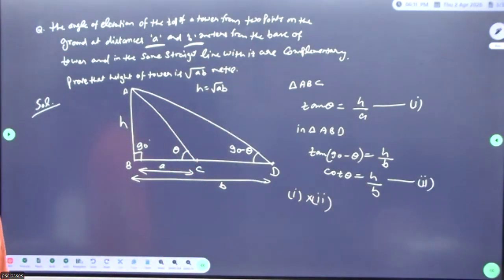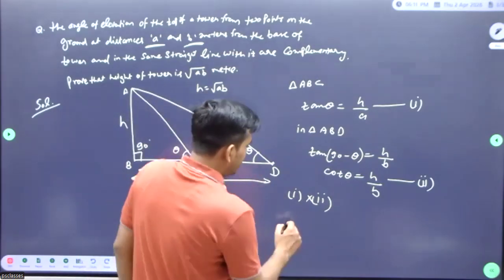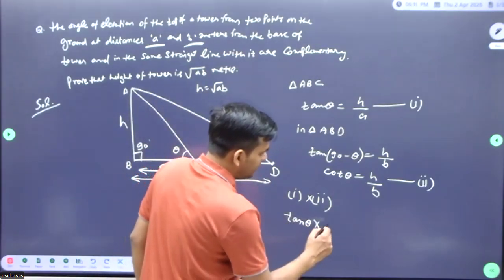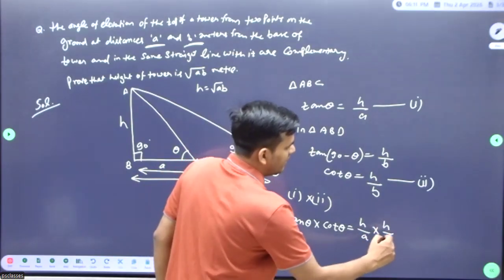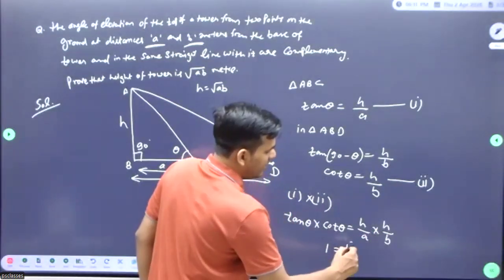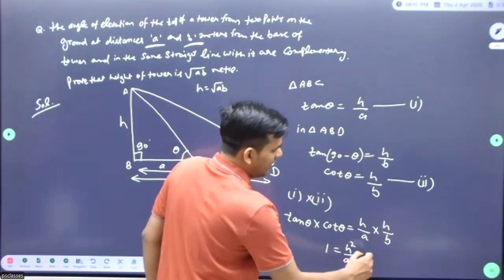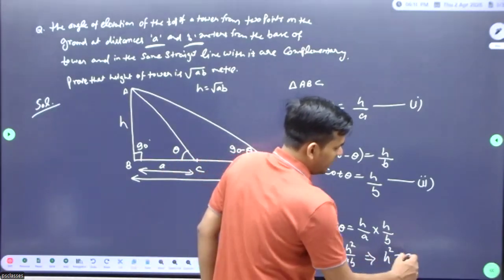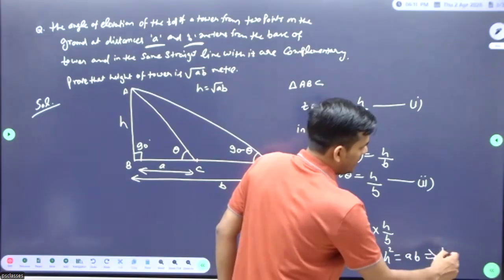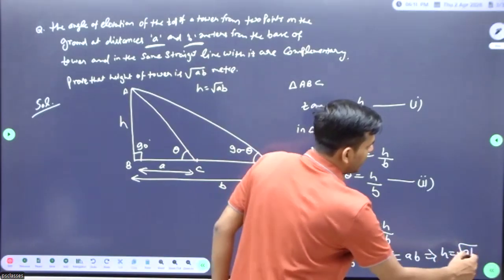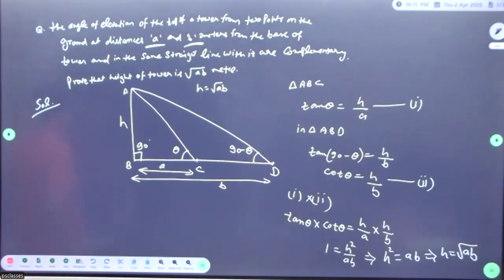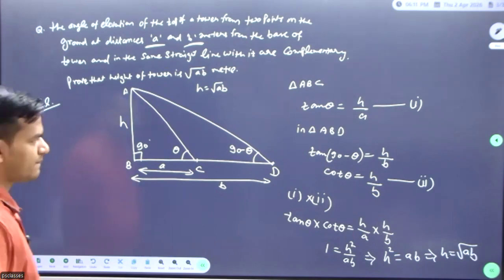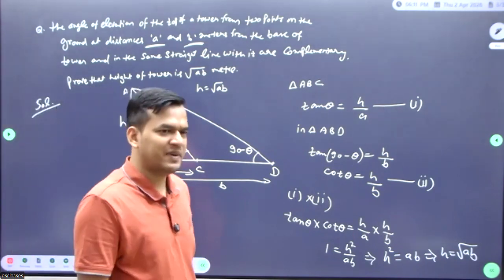So tan theta into cot theta is equal to h upon a into h upon b. So 1 is equal to h square upon ab, or h square equal to ab. That gives h is equal to square root of ab.